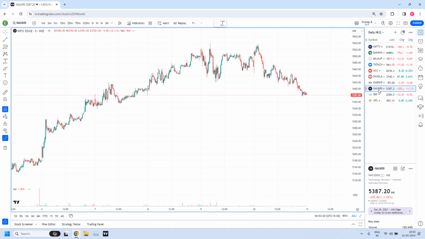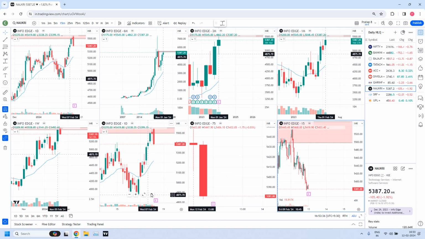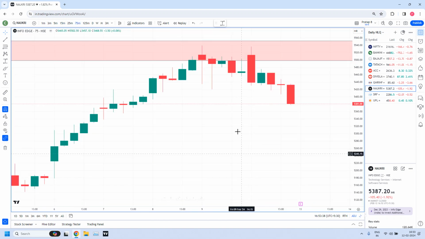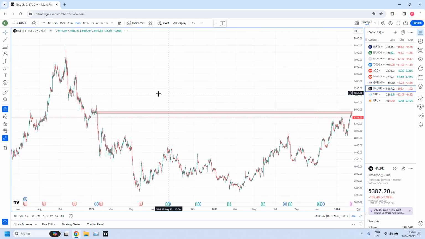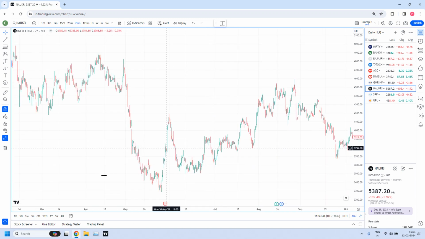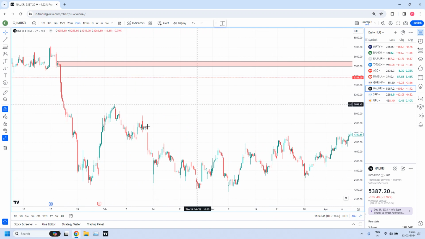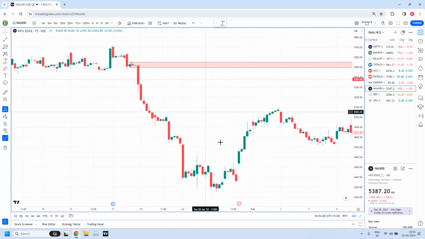And the next one, the last one, is Naukri. This is again a 75-minute zone. But we didn't plan any trades in this zone. See, drop, 3 base candles and a drop.